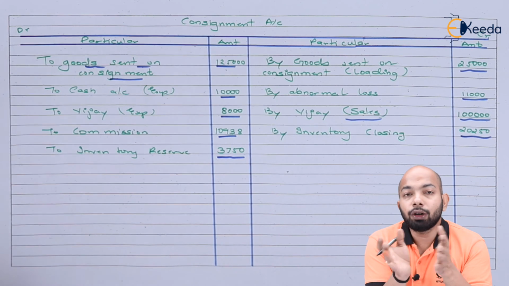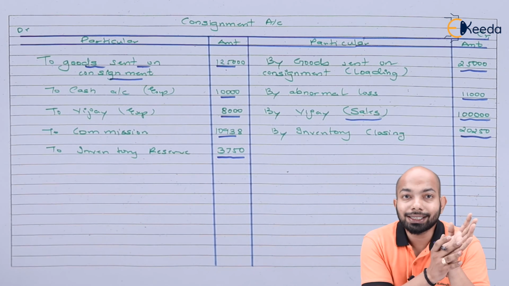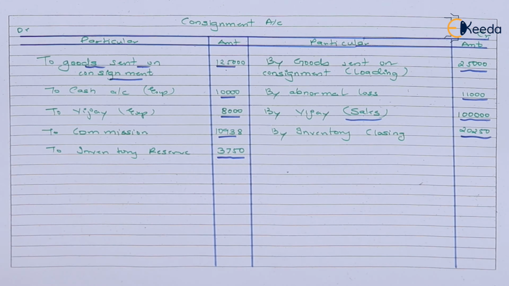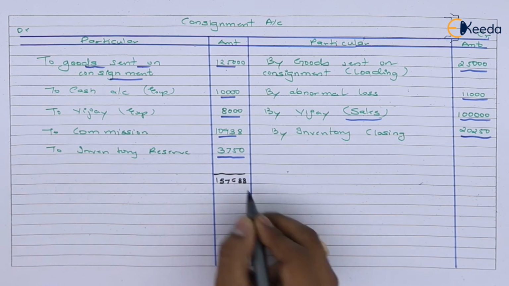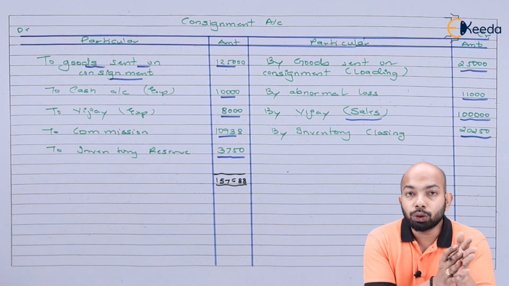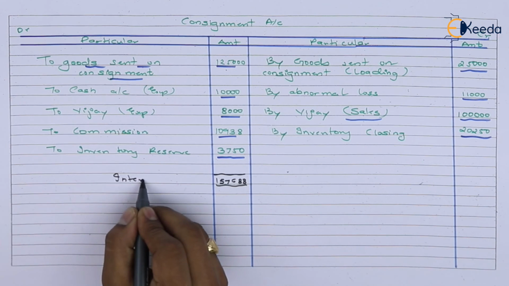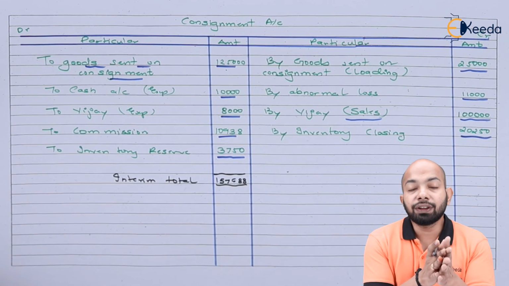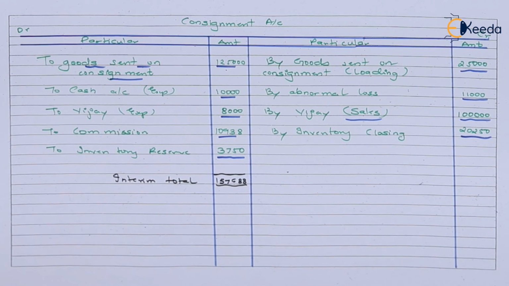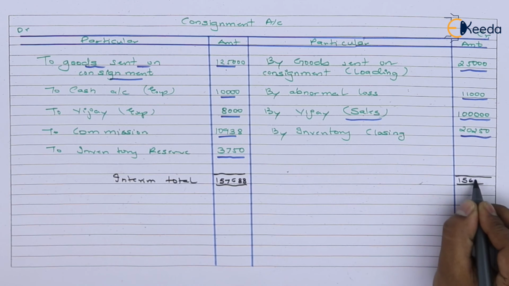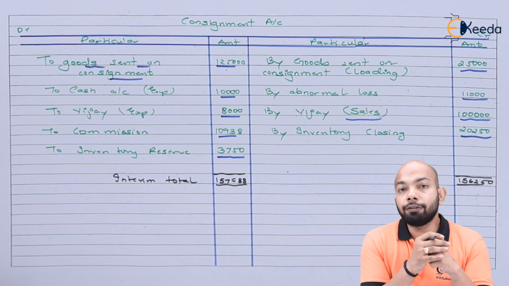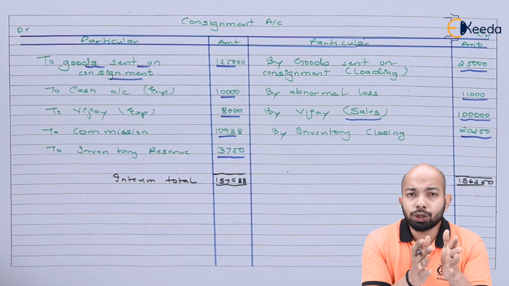Now once this is done, we'll figure out whether there is profit or loss in this consignment. The debit side interim total came as 157,688. Let's figure out what is there on the credit side. The credit side is 156,250. That means there is a loss here.